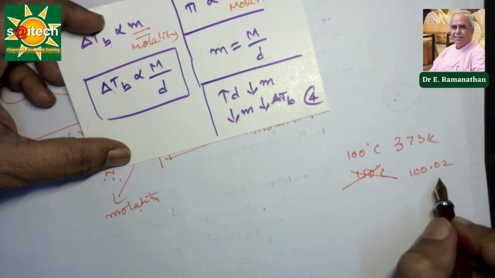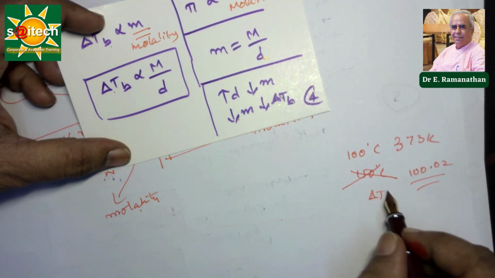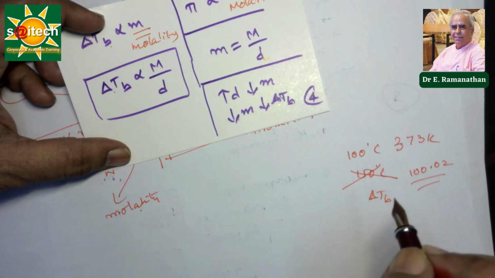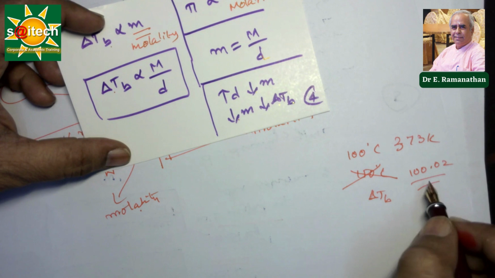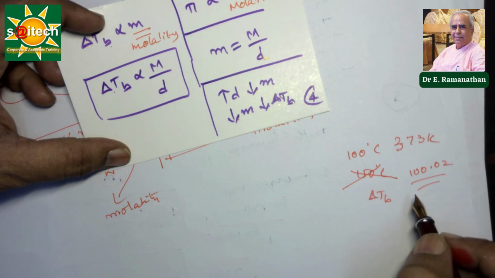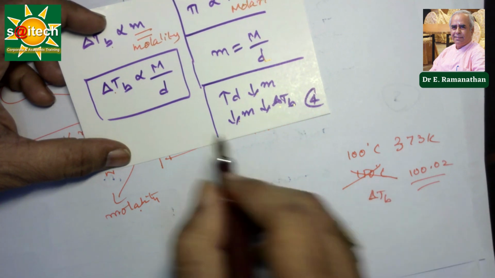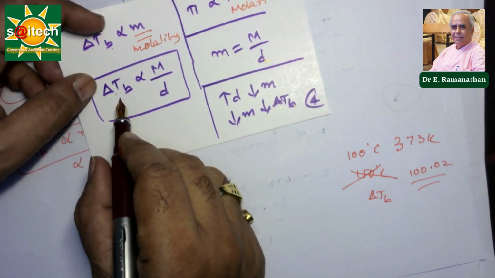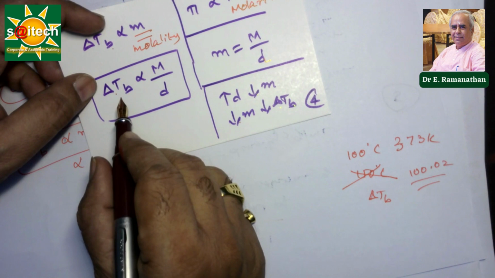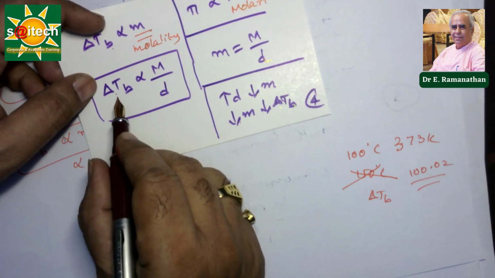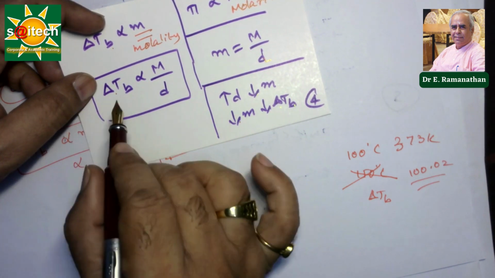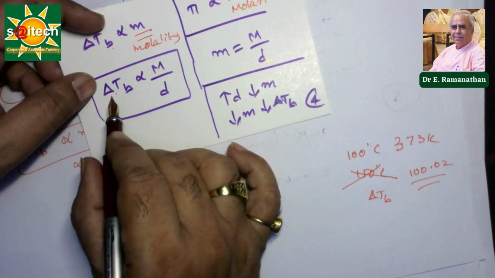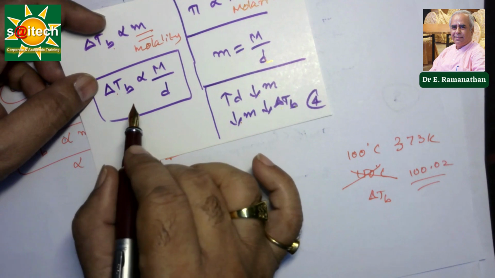So in that case, delta TB is already very, very low, and it is very difficult to measure such a low difference in the boiling point, that is temperature. Okay. So when the density is higher, definitely this will be much lower. So it is very difficult to identify such a very, very small difference in the case of boiling point, or in the case of freezing point.